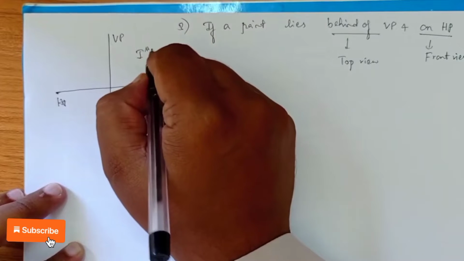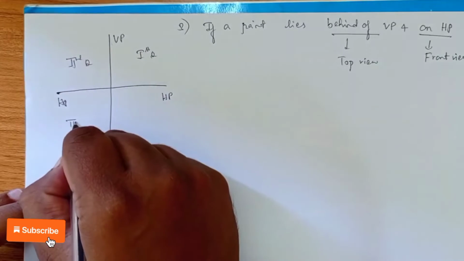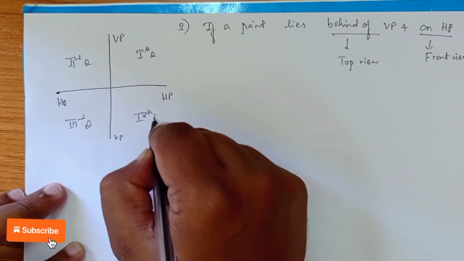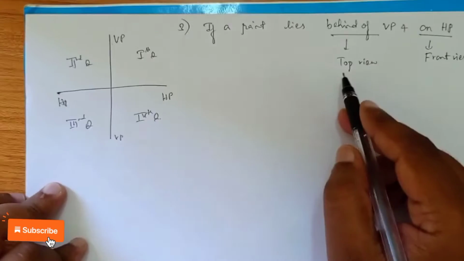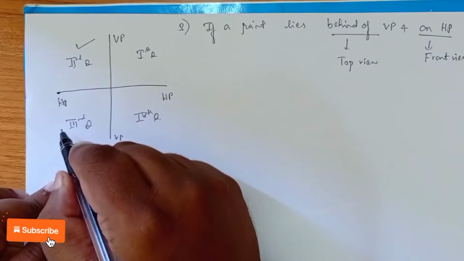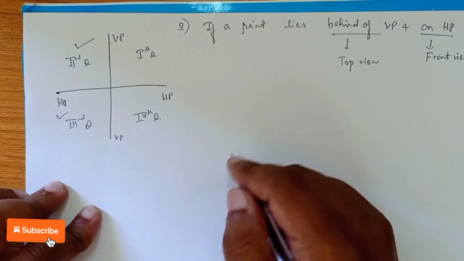This is our first quadrant, second quadrant, third quadrant, and fourth quadrant. So top view behind VP means there are two chances. The top view may lie in the second and third quadrant.